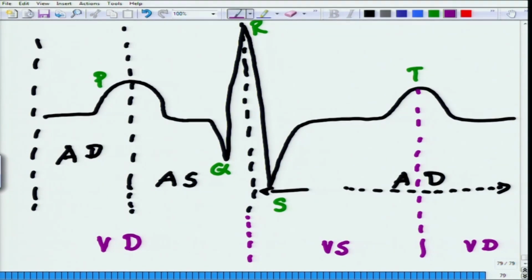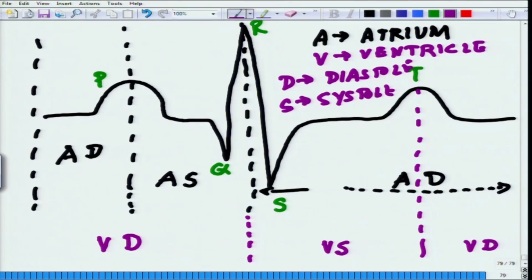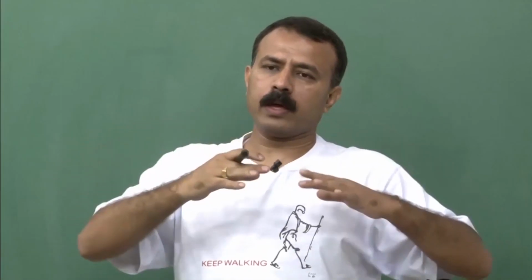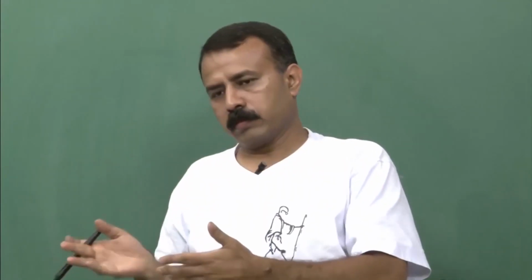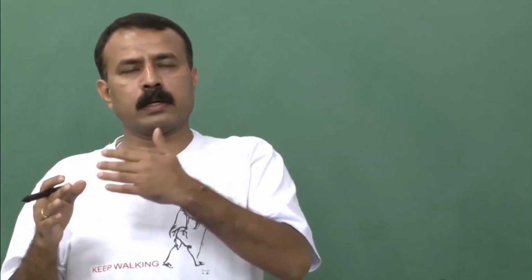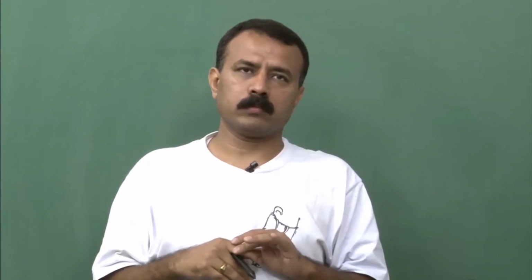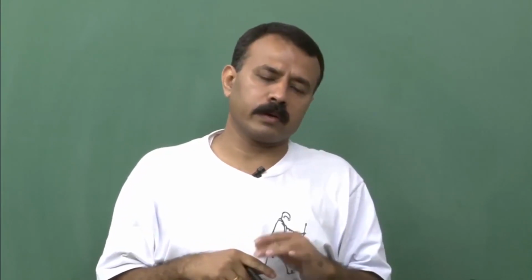If we correlate both of them, where A stands for atrium, V stands for ventricle, D stands for diastole and S stands for systole, this is how you can put the filling of the atrium, the movement of blood from the atrium to the ventricle, and vice versa, the filling of the ventricle and the emptying of the ventricle, in terms of atrial diastole, atrial systole, ventricular diastole, and ventricular systole.